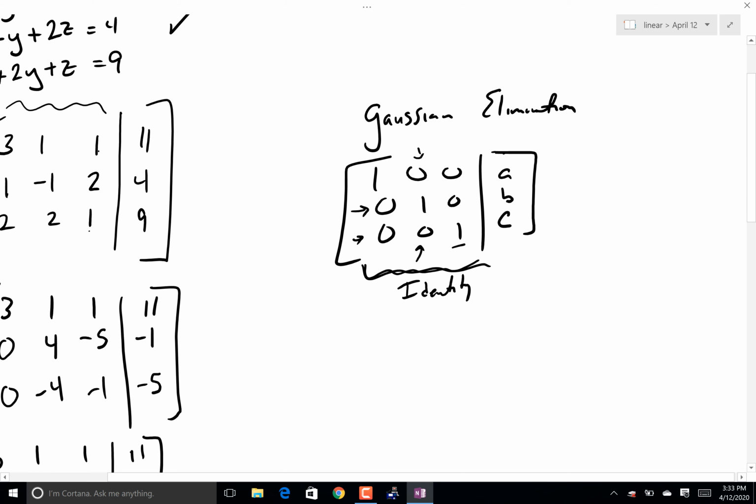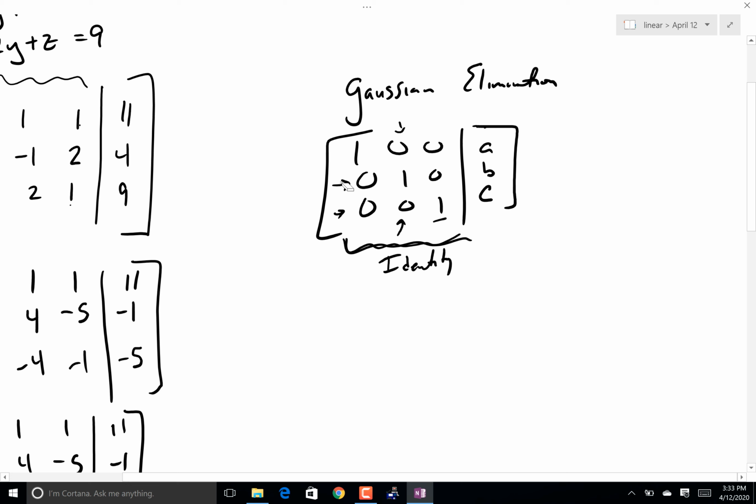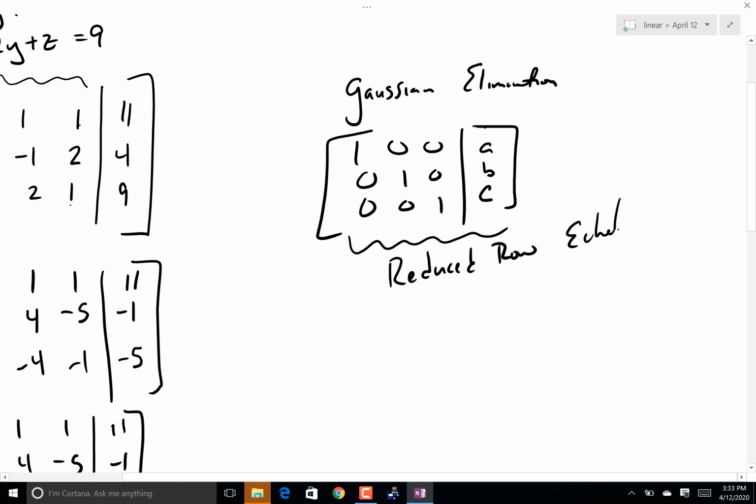Now, this method right here where you end up with the identity over here, yes, it's Gaussian elimination, but this is what is referred to as reduced row echelon form. That's the idea that it forms a staircase, okay?